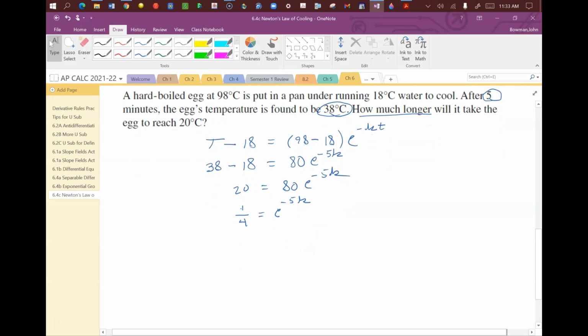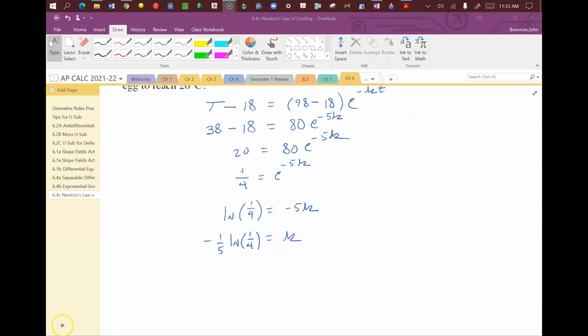To solve that, we're going to take the natural log of both sides. So natural log of 1/4 is equal to negative 5k, and k is equal to negative 1/5 natural log of 1/4. You could leave k in this form, or you could recognize that natural log of 1/4 is equivalent to natural log of 1 minus the natural log of 4.